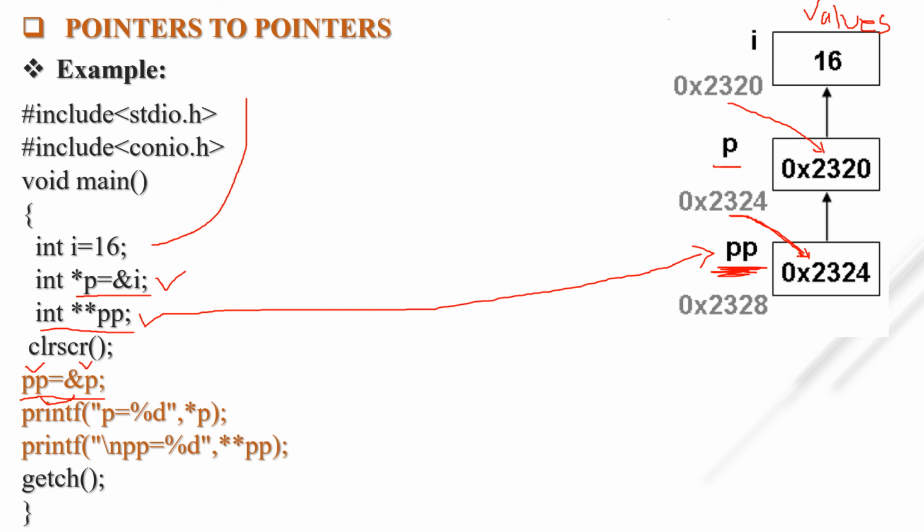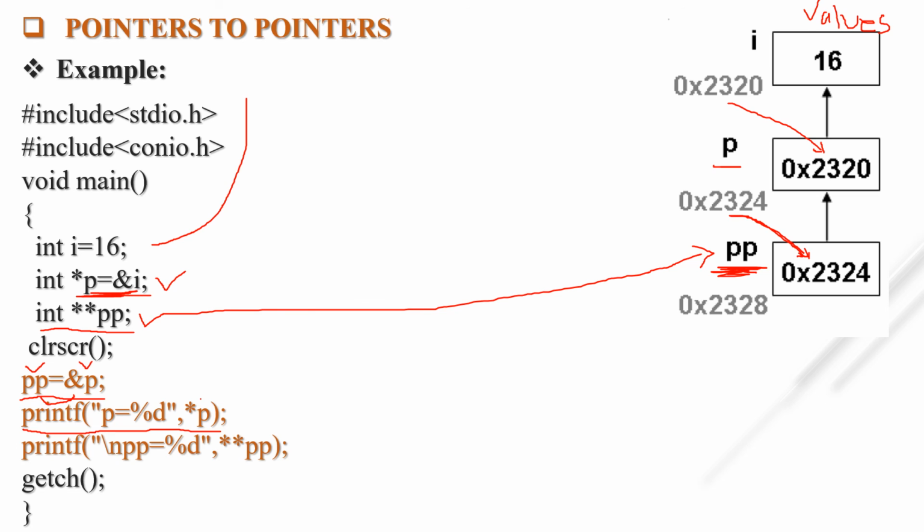So the definition is successfully executed. Now we simply print p equal to %d and *p. What is *p? p is storing the address of i.